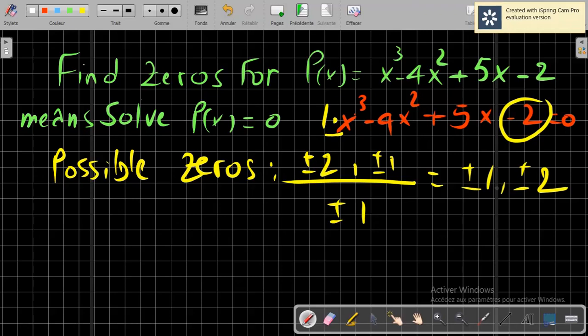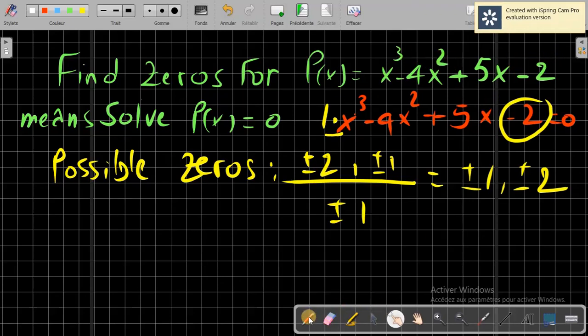How we do that is, again, I take the coefficient of each term of my polynomial function, making sure to go through all the degrees in order: degree 3, 2, 1, and degree 0.